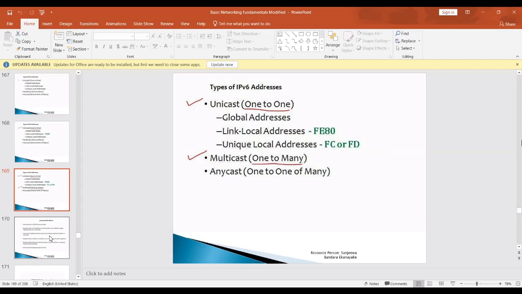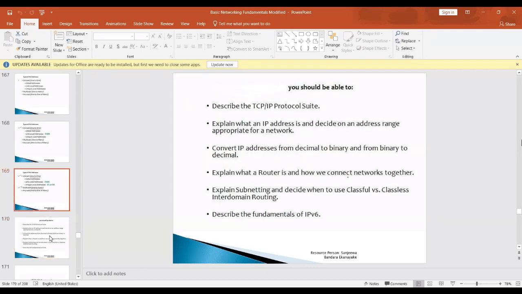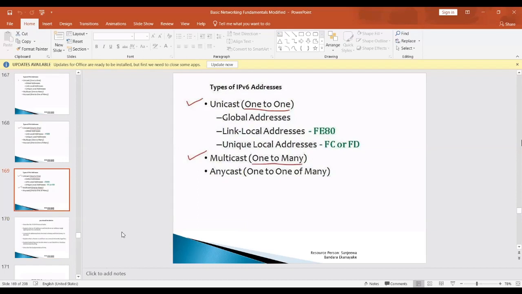And if you take a global address, there's a global prefix. Most of the time it starts with 2 or 3. So it's a global address, right? And these are some of the few features.